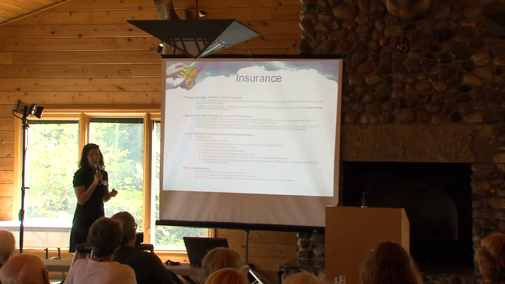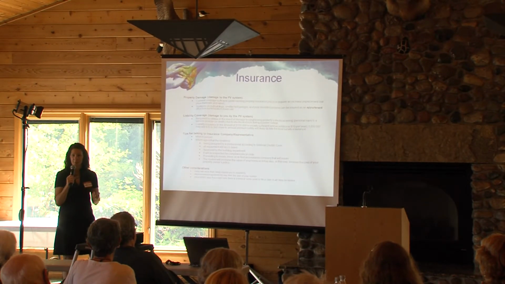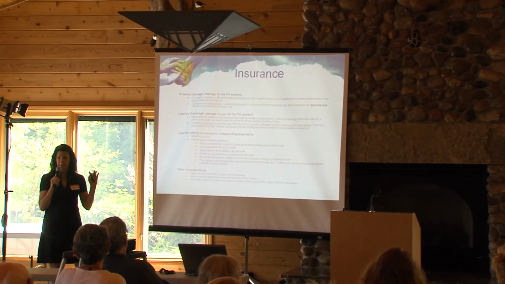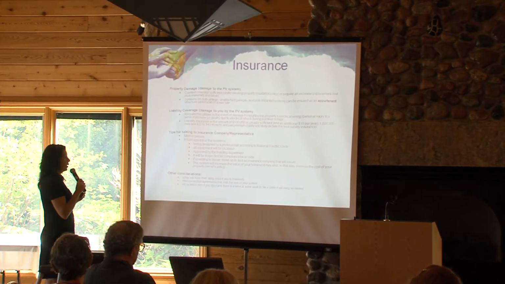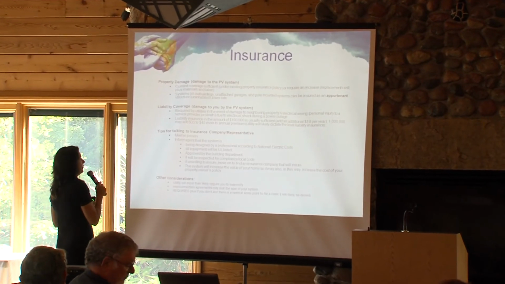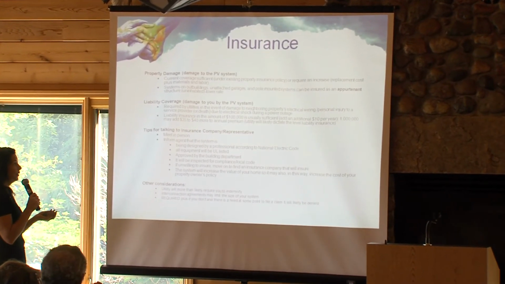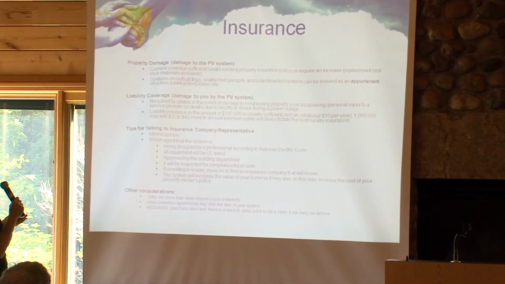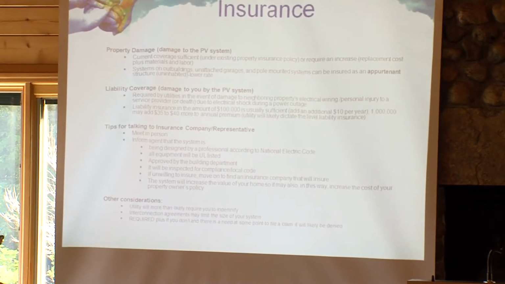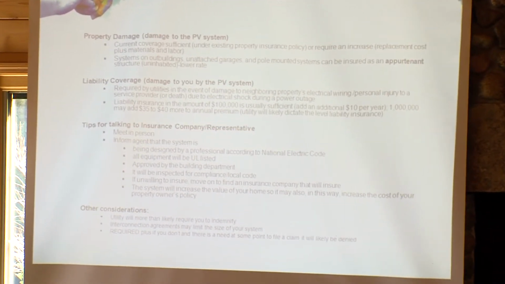Now, in the event of liability coverage, this is where the utility companies get nervous about renewable energy systems on site. The rule of thumb is that liability insurance in the amount of $100,000 is usually sufficient.